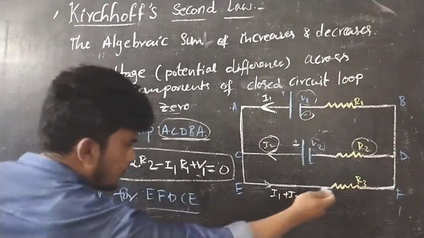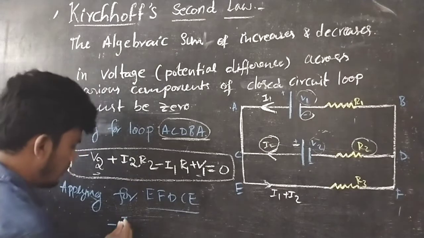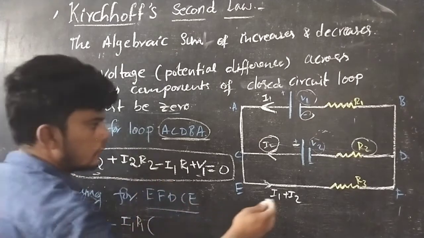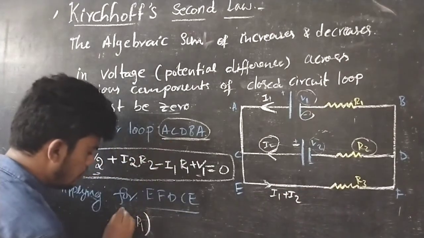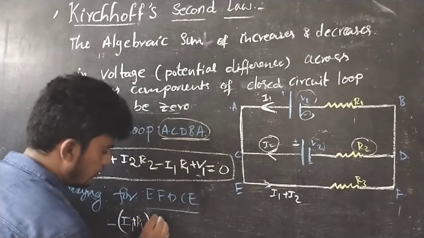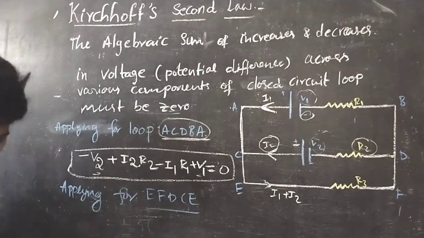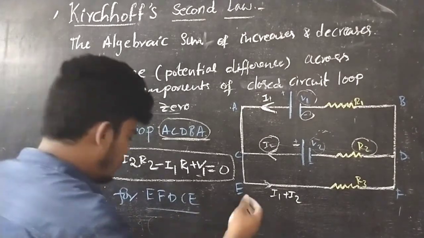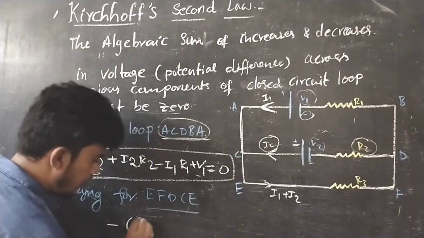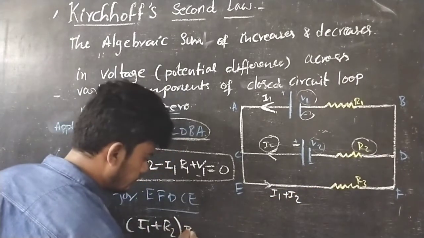So from this, minus I1 R1, minus (I1 plus I2) into R3.